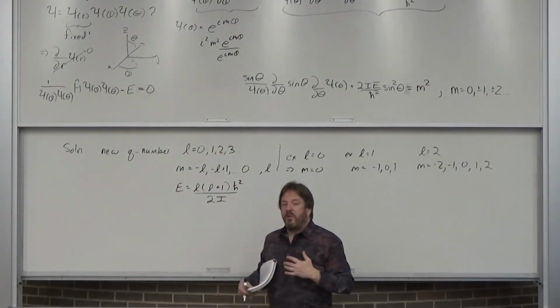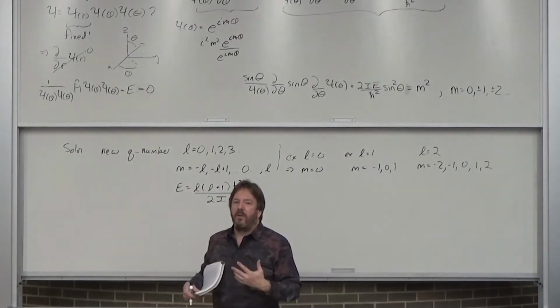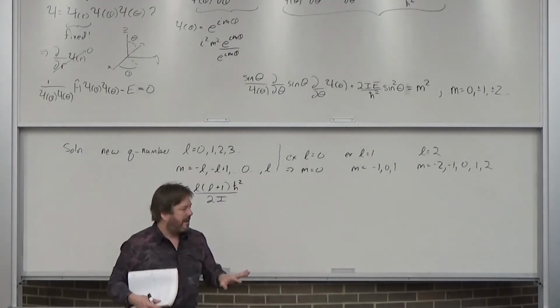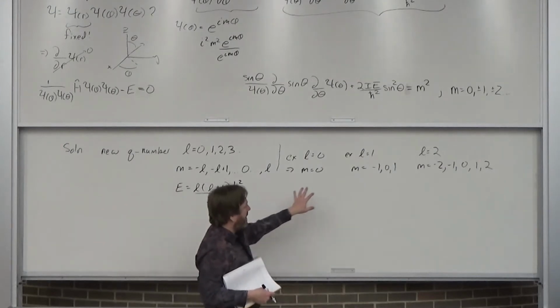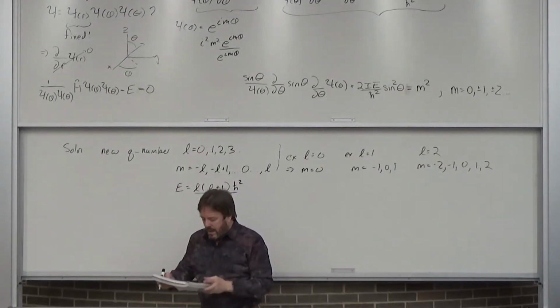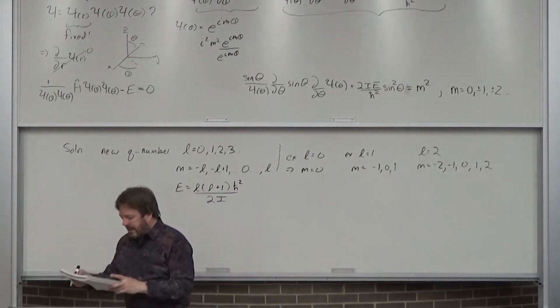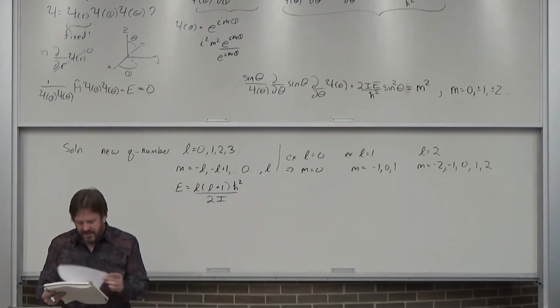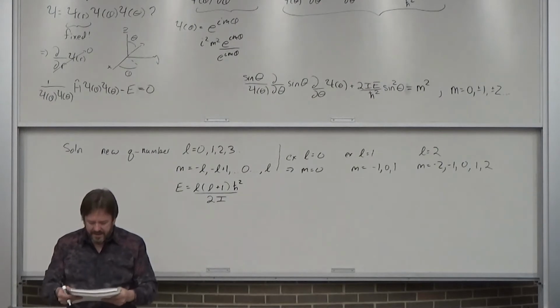And what causes them to not be degenerate is if they interact with other orbitals. We're going to get to that in a week. But for today, everything's degenerate. So, now what? I do want to express one last thing.